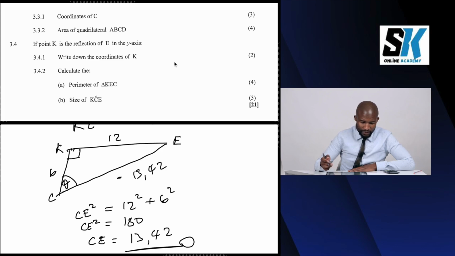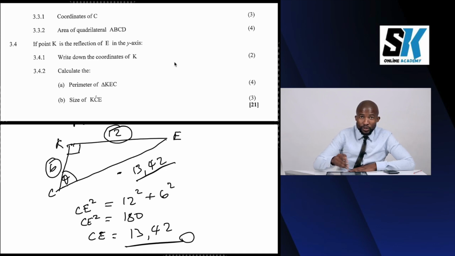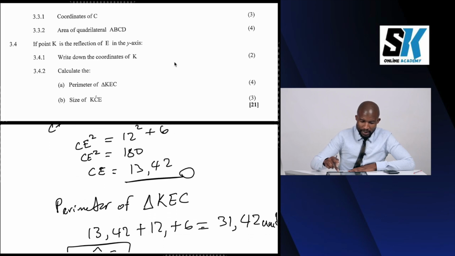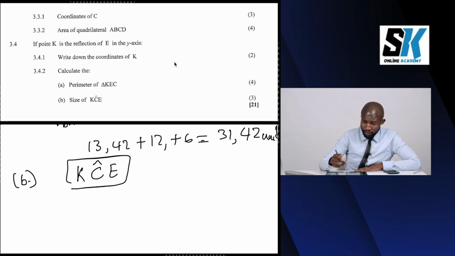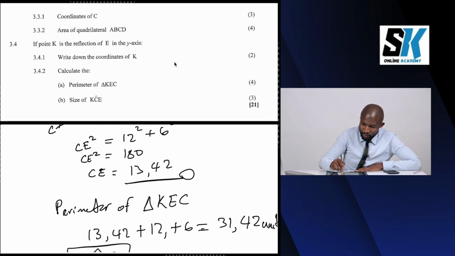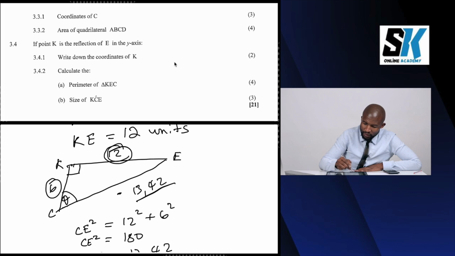If you don't want to make use of the new value, you can use the values that you had before, which are the value of KE and the value of KC. So instead of the theorem of Pythagoras, we use SOHCAHTOA, which are the trigonometric ratios. You can see that you have an opposite to that angle, and you also have an adjacent to that angle.